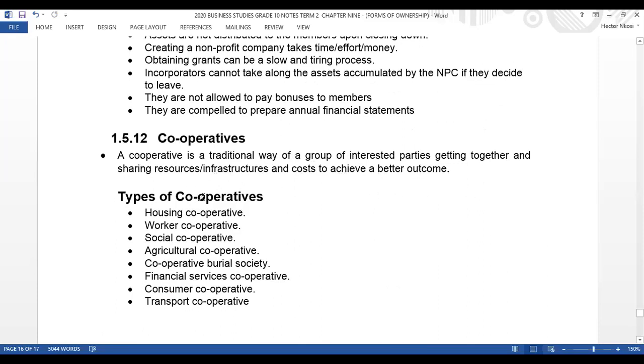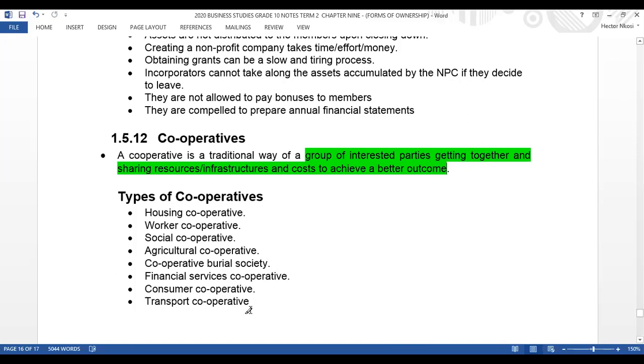The types of cooperatives we've got are housing cooperatives, worker cooperatives, social cooperatives, agricultural cooperatives, cooperative burial societies, financial service cooperatives, consumer cooperatives, and transport cooperatives. Remember the key thing: it's a group of interested parties getting together and sharing resources, infrastructure and costs to achieve the outcome. So those are your cooperatives.